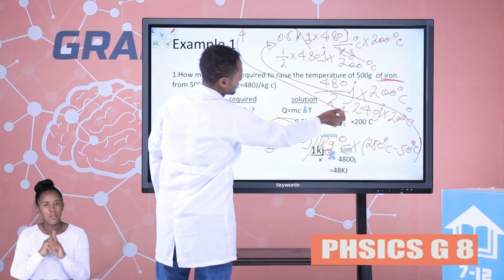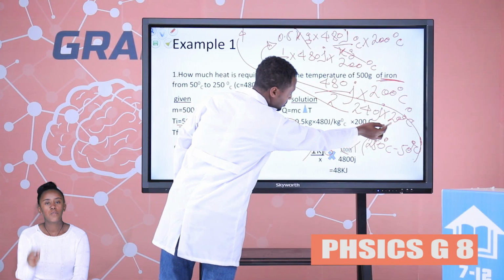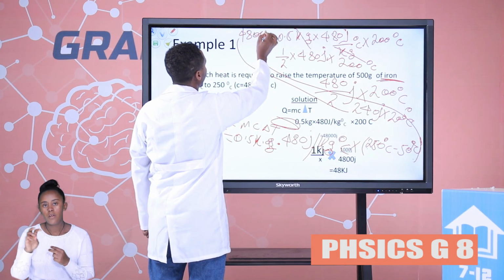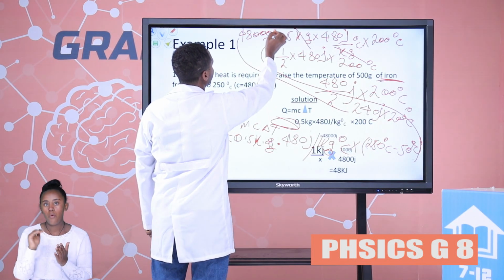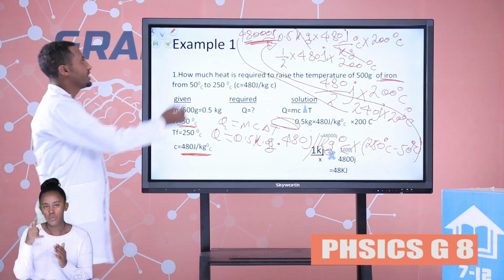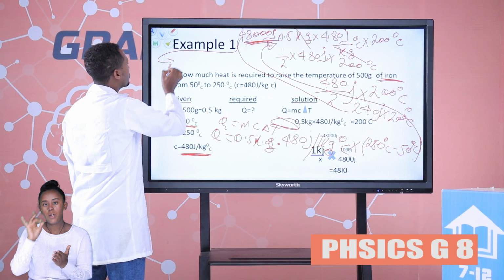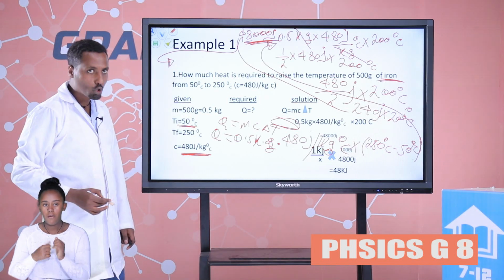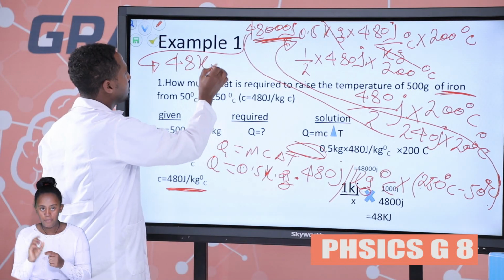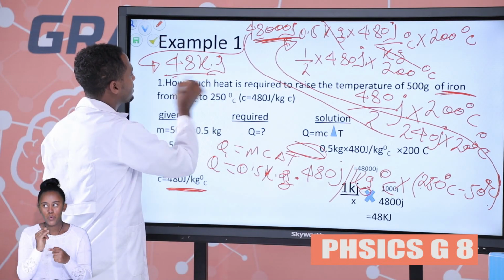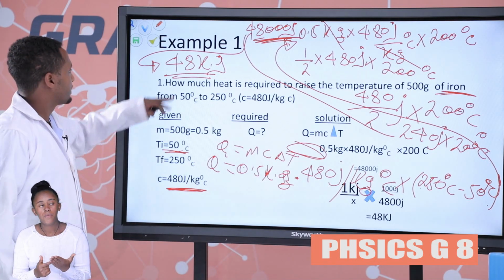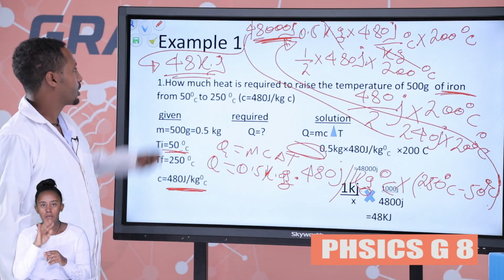The answer is 240 times 200, 48,000 joule. This 48,000 joule we can convert into kilojoule, 48 kilojoule. So the answer is 48 kilojoule.